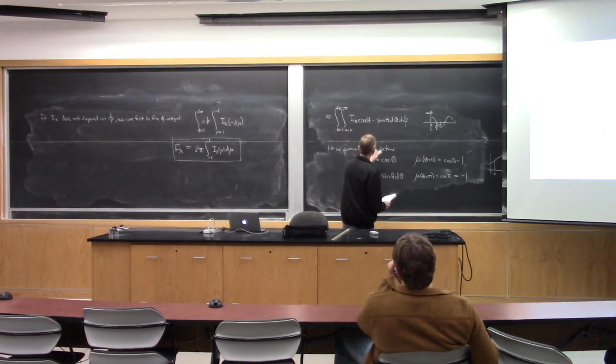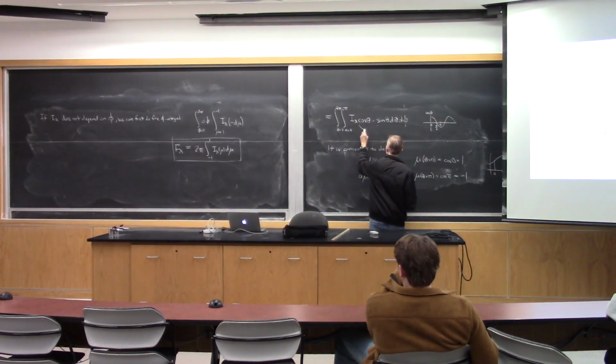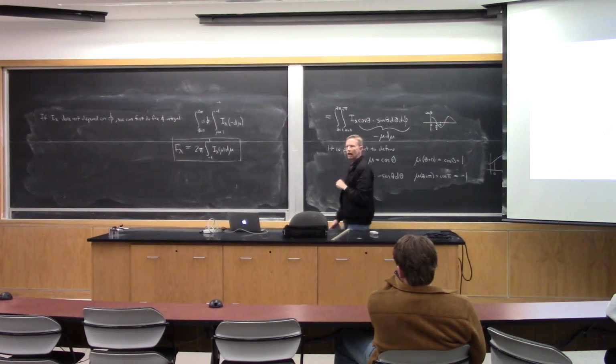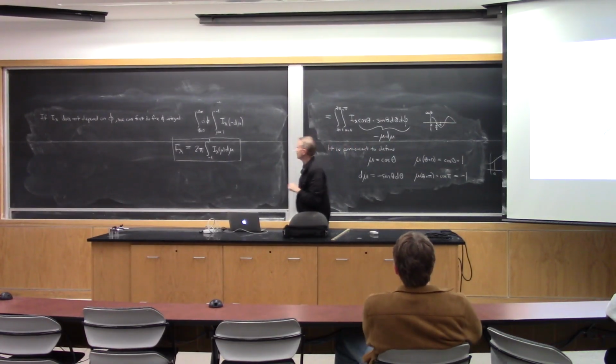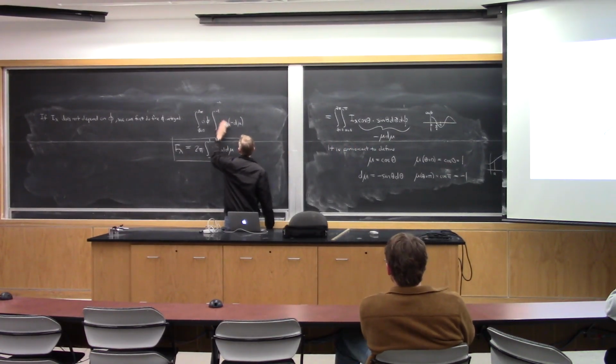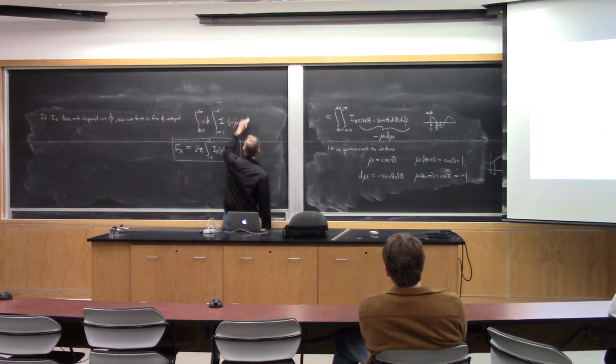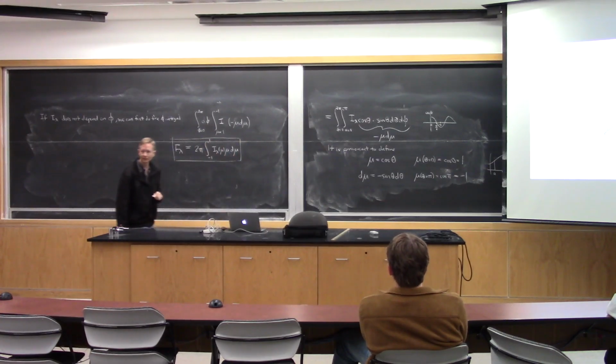Yeah, cos theta sine theta d theta d phi is minus mu d mu. I messed up. Nobody stopped me. So this should have been I lambda times minus mu d mu in there. So there should be I lambda mu d mu for that integral right there.